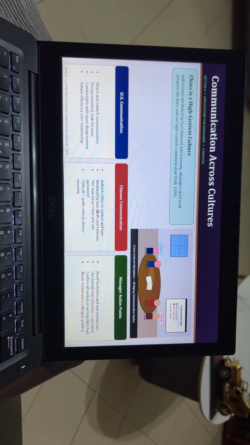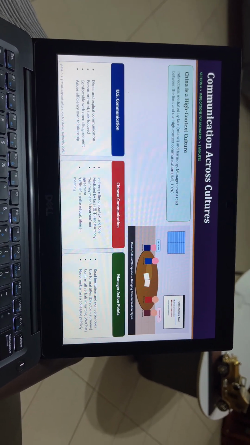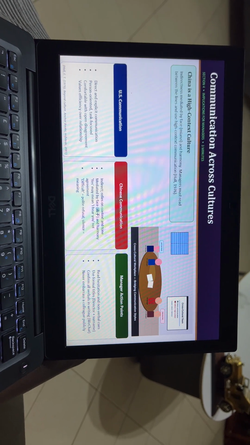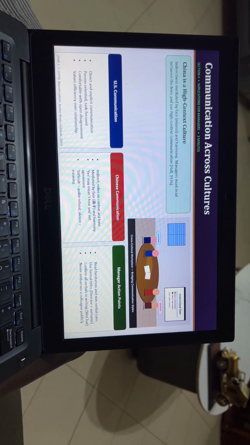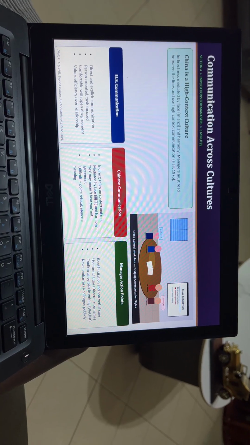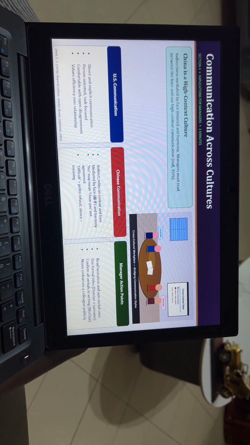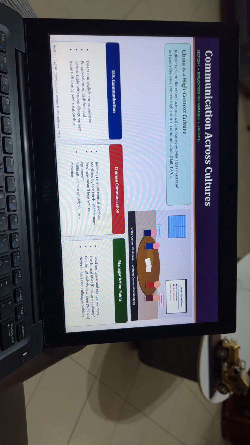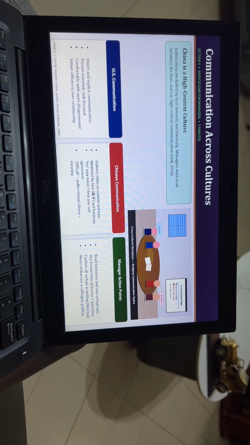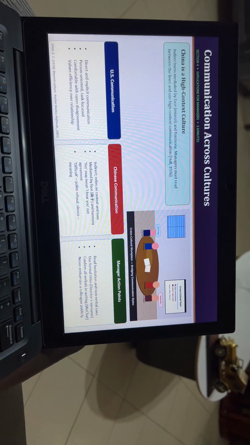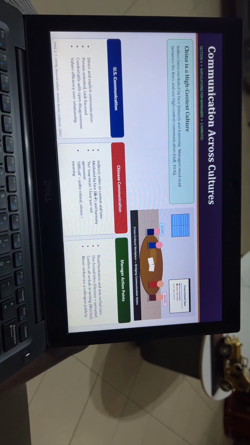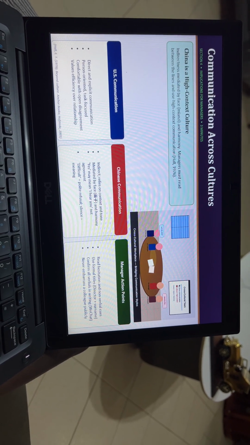Now, if you look at communication across the two cultures, we note that China is a high context culture. Indirectness mediated by face and harmony. Managers must read between the lines and use high context communication.